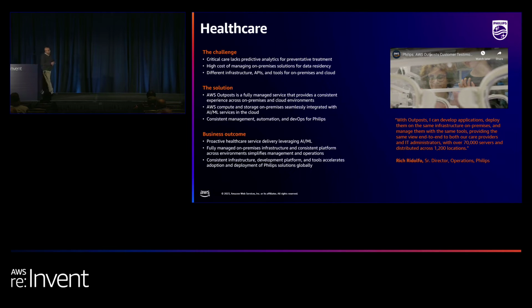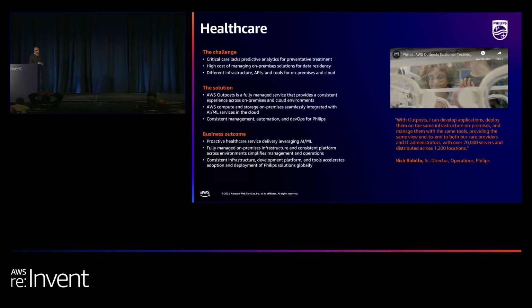So here, the business problem was how do you provide the best preventative care to your customers so you get ahead of the problem? And that meant bringing AI/ML on-prem. Philips had a disparate group of systems on premises, a lot of different storage and compute systems, which all had different APIs and infrastructures. So Philips worked with AWS and centralized this all on Outpost.